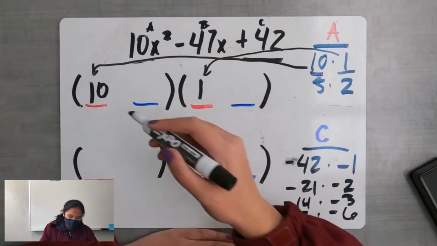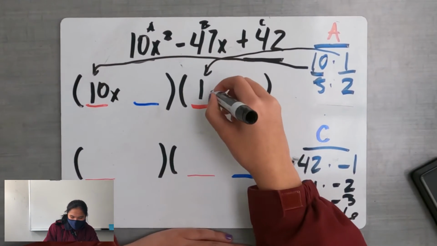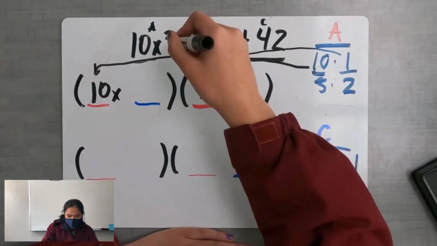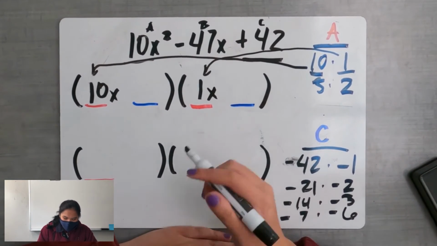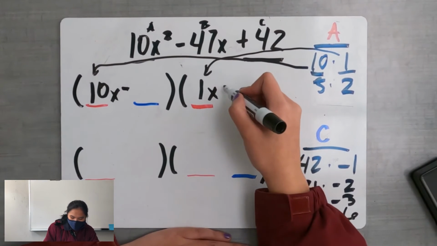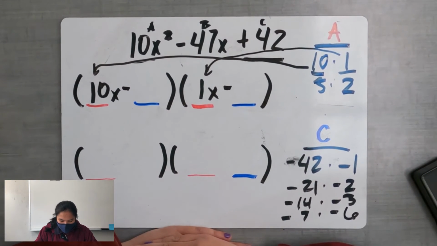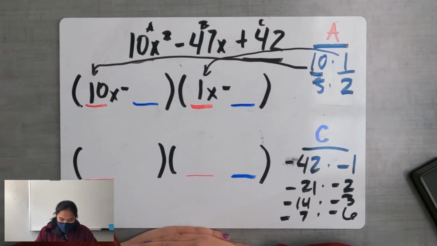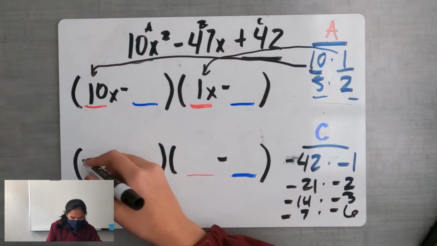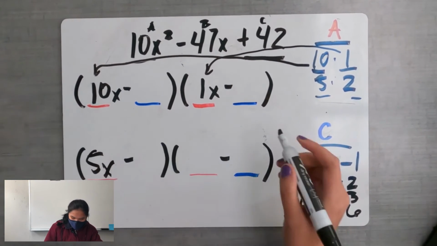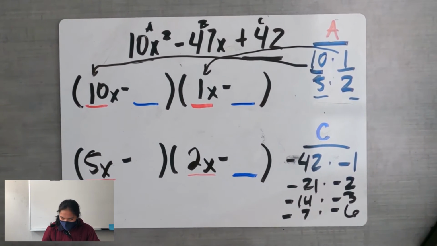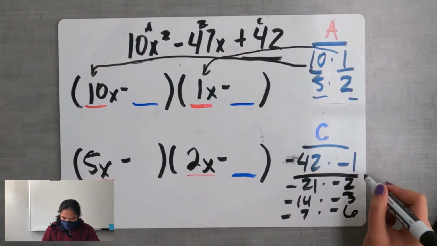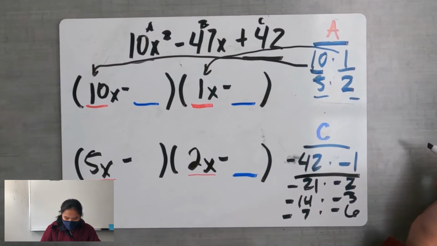One thing I forgot, this is supposed to be 10x and 1x, since we have x squared. We would have negative signs in both parentheses, since C is positive and B is a negative term. And then in the second one we could have 5x and 2x. Then we would plug in the factors of C in the second part of the parentheses.